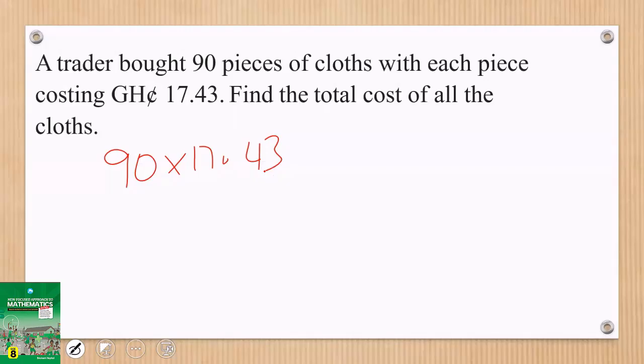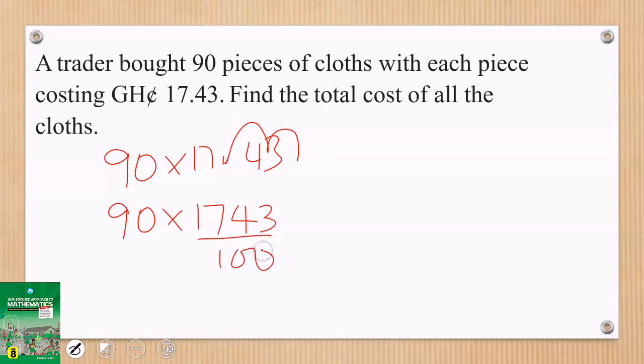To make the work very easy for me, I will change this one to make it a whole number by moving the decimal point. So I'm going to have 90 times 1743 divided by 100, because there are 2 digits after the decimal point, so I divide by 100.